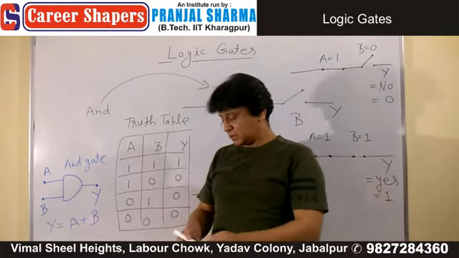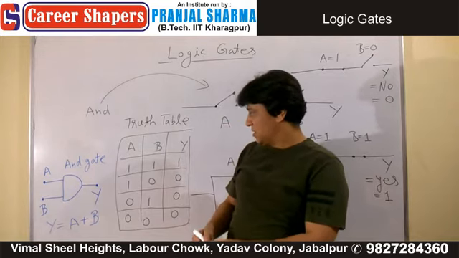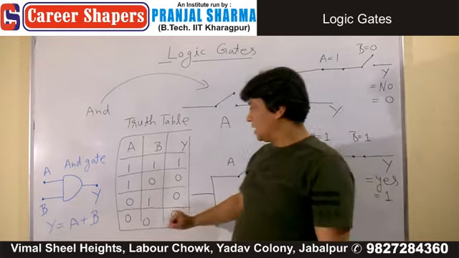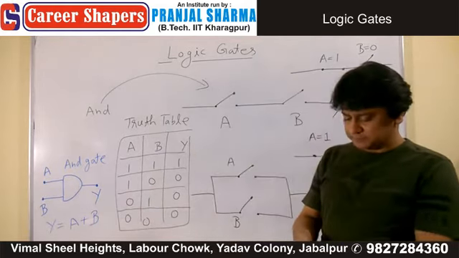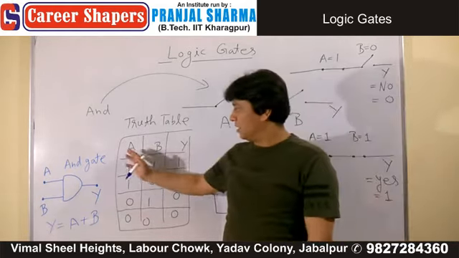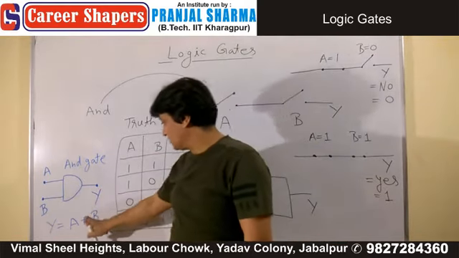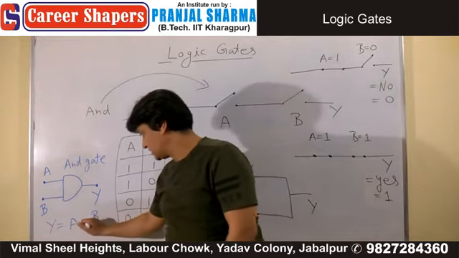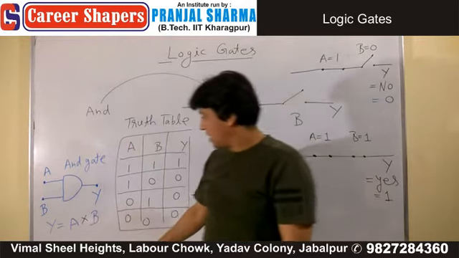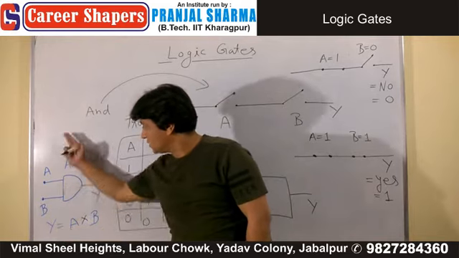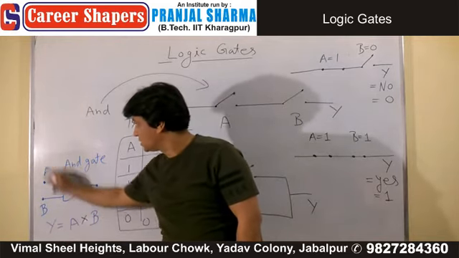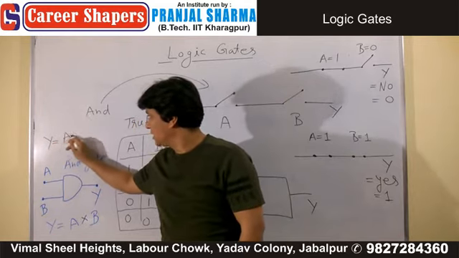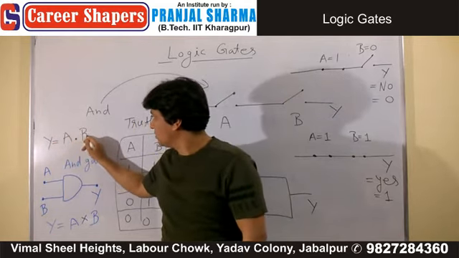This A plus B combination which you see in this case is, wait a second, this is not plus, this is product, and you represent this product like this, A dot B.